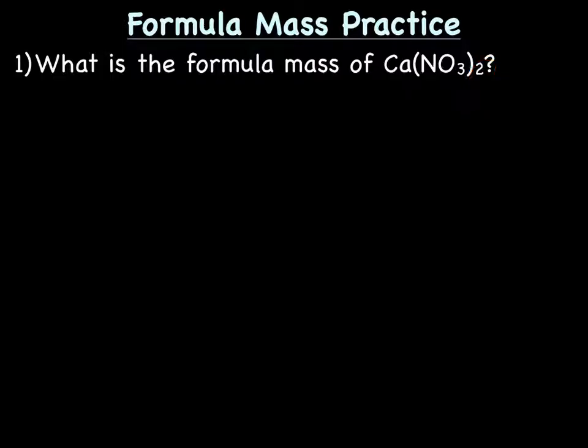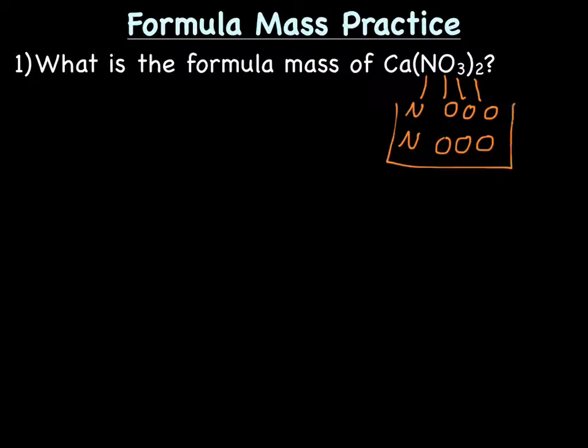Furthermore, nitrate is actually made up of 1 nitrogen and 3 oxygens. There are 2 nitrates, so we need 1 more nitrogen and 3 more oxygens. So for the nitrates total, we end up with a total of 2 nitrogens and 6 oxygens.